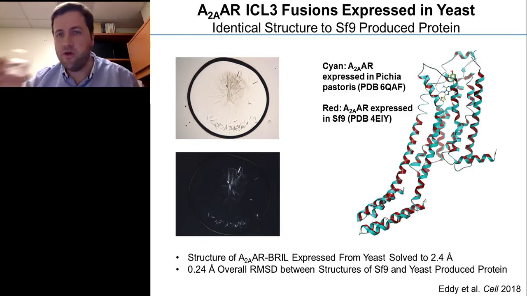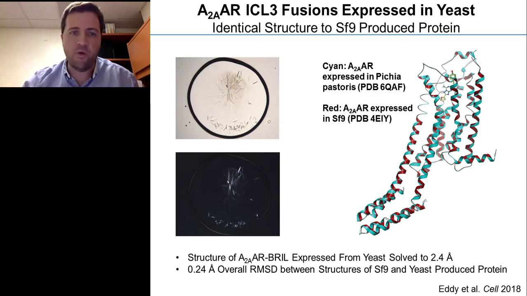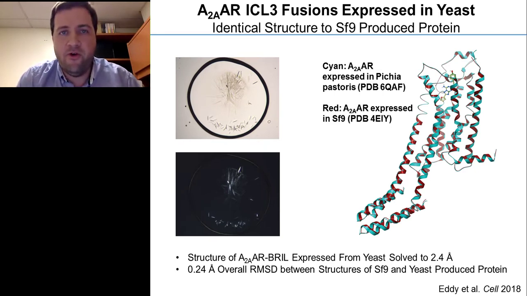Now we further validated our system by expressing a so-called GPCR fusion construct in Pichia pastoris, the same strain that we were using for production for NMR studies, and we crystallized that protein.